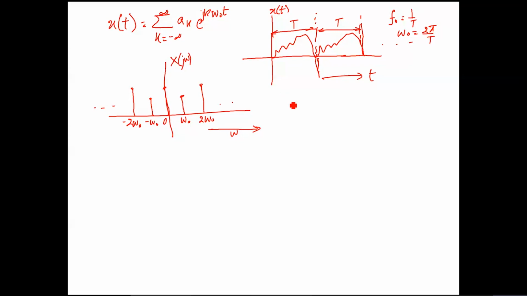For example, if the time period for this came out to be, let's say, 0.01 seconds, if it is repeating after 0.01 second, then the fundamental frequency would be equal to 100 hertz. And so omega naught is basically 2 pi times 100 hertz. This will be your angular frequency.